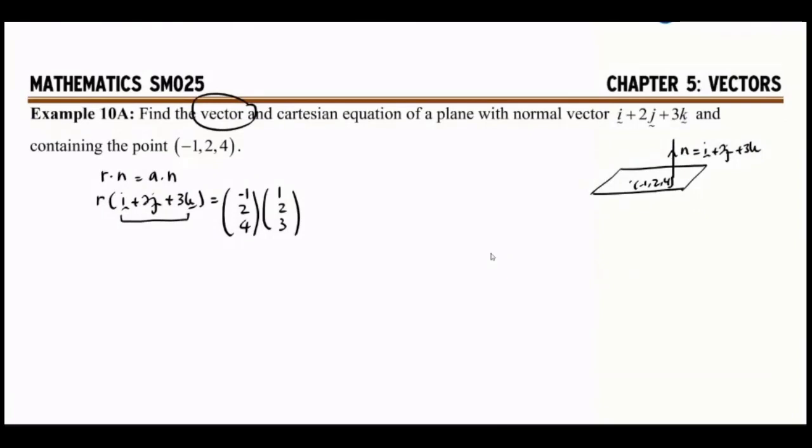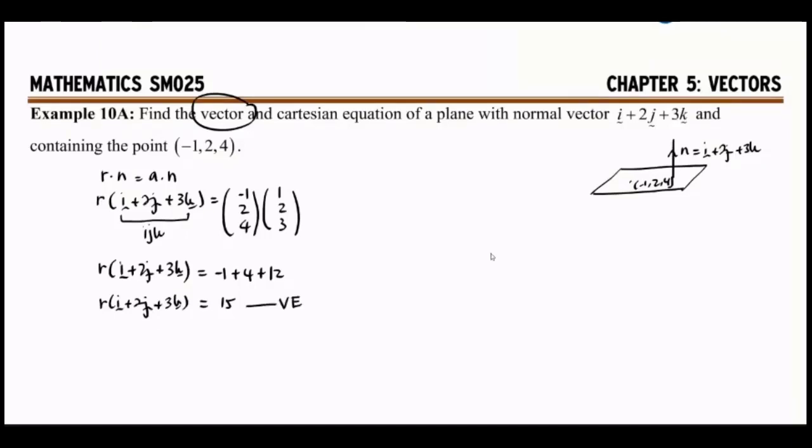So we keep it, I plus 2J plus 3K. So doing the dot product on the right side, we get negative 1 plus 4 plus 12. So what do we get? 15. Okay, so we have 15. So this one we call the VE.